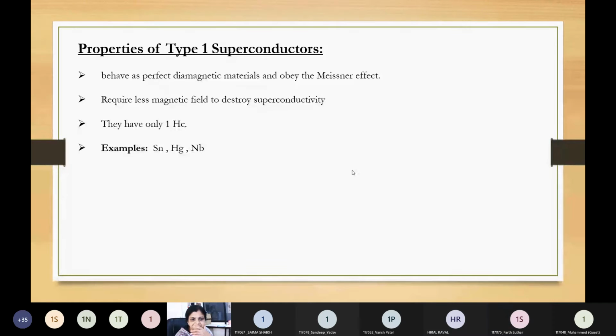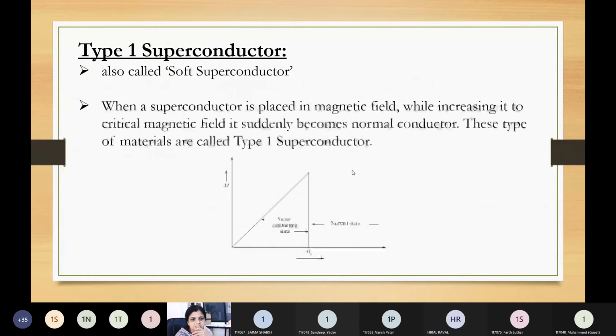Yes, ma'am. Okay, so keep the previous PPT. Mohammed, are all of you clear about this graph that he has shown? It will be 2HC for type 2. Yes, type 2 is still pending, which Parth will explain to you.